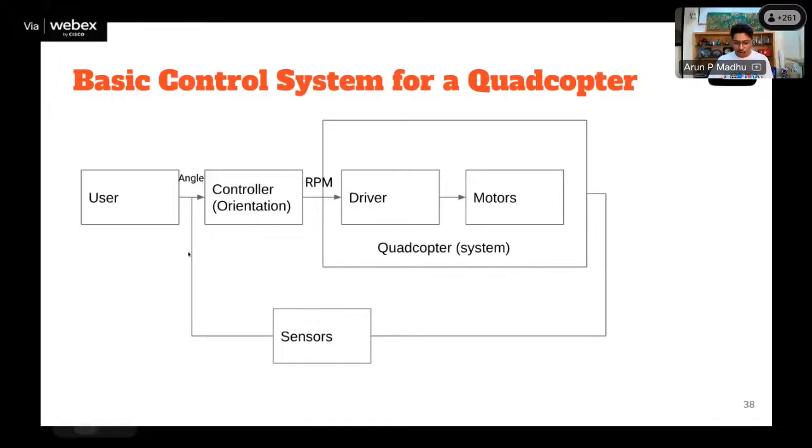This, in broader terms, is a feedback controller. Your user is giving an angle, and with the help of the sensor we are measuring whether the angle is correct or not. If the measured angle is not correct, the controller can again give the needed correction to reach the desired set angle.